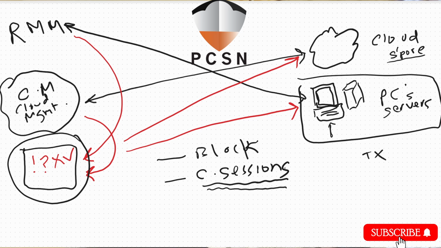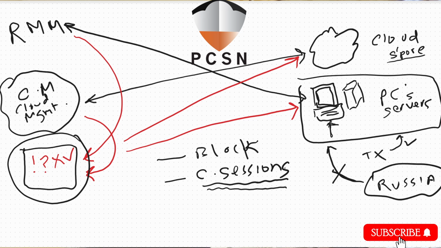Or let's say the user already has remote access software installed on their machine. But if that remote person is trying to log in from, let's say, Russia, we block that traffic based on that geolocation. From Russia we don't allow it, but from Texas we allow it. So that's in essence how it works.